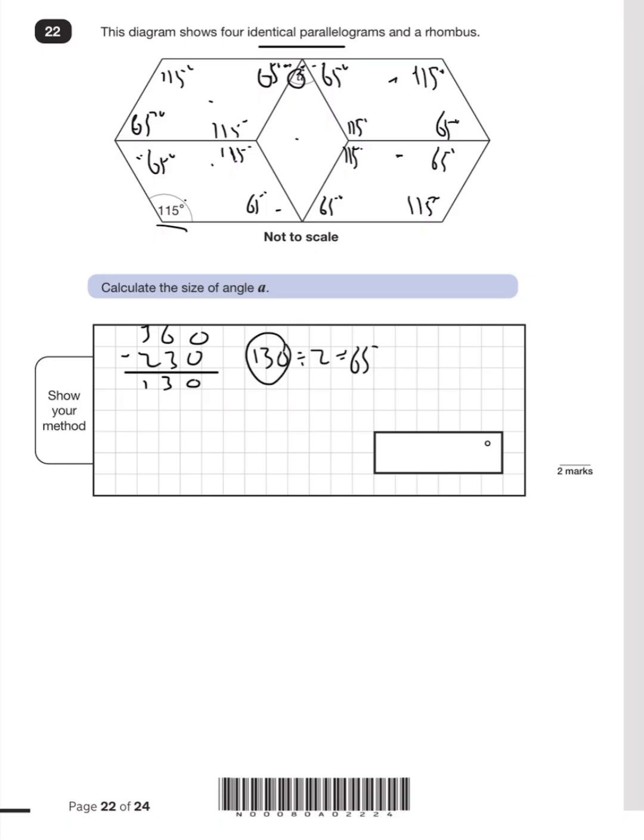So we know A plus 130, so plus these 2, equals a straight line, which is 180. Therefore, A equals 180 minus 130. So here's a plus, so we're going to do minus on this side. So A equals 180 minus 130 is 50. So A equals 50 degrees.